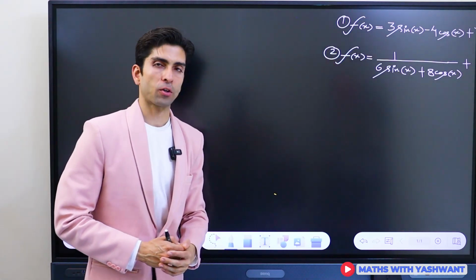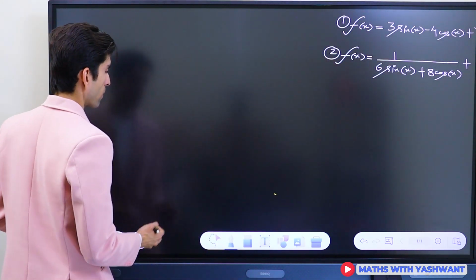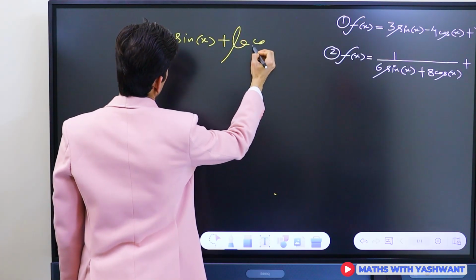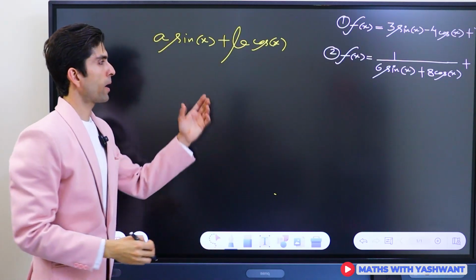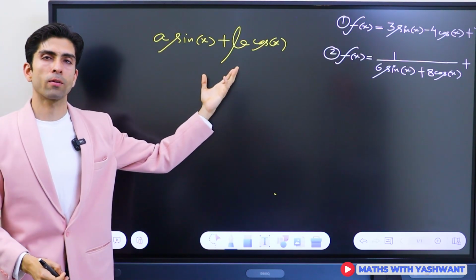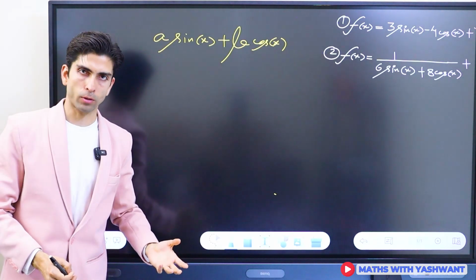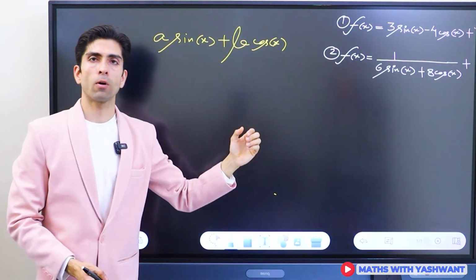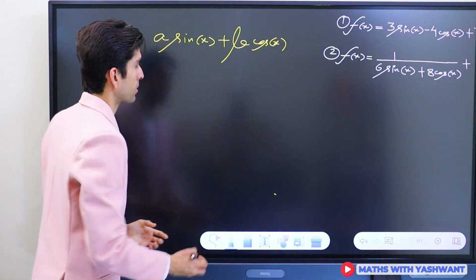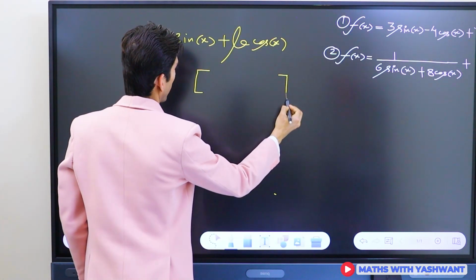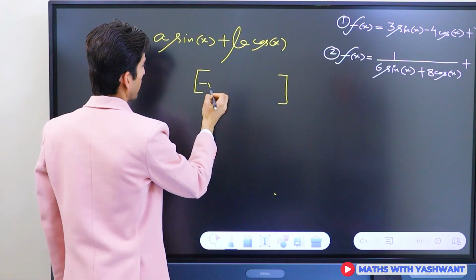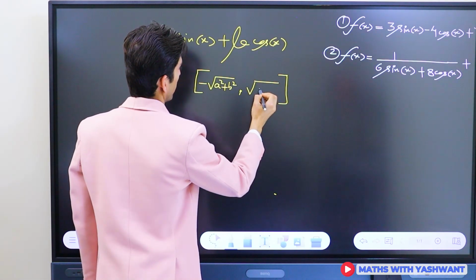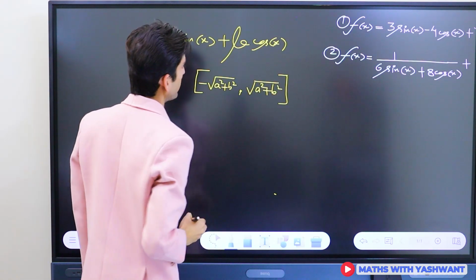Now, if you observe this structure carefully, it reminds us of a sin x plus b cos x. It's a very popular structure that we very often come across while solving trigonometric functions. So whenever you come across a sin x plus b cos x, its range can directly be written as a closed interval, closed from both sides, from negative square root of a square plus b square to positive square root of a square plus b square.